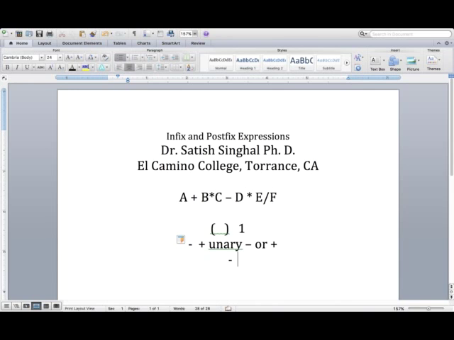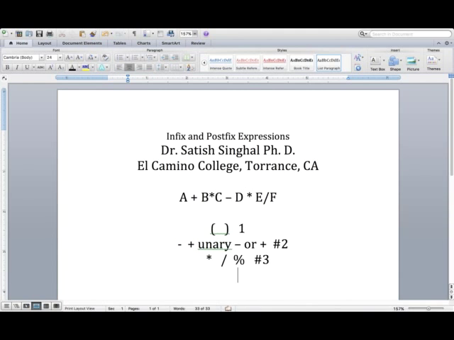Then you have your multiply, divide, and modulus. I should say number 2 here. This is number 3.